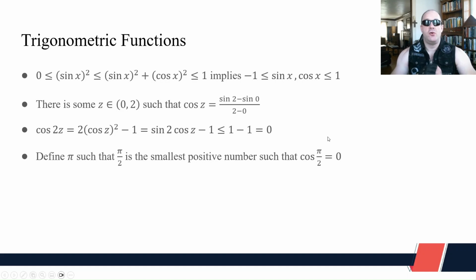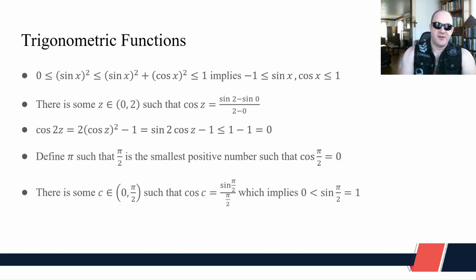Now, we know that sine squared plus cosine squared is equal to 1. If cosine of pi over 2 is equal to 0, then sine of pi over 2 has to be either 1 or negative 1. So which is it? Well, we're going to play the same game invoking the mean value theorem and say, okay, instead of going between 0 and 2z, as we did previously, we're going to go between 0 and pi over 2.